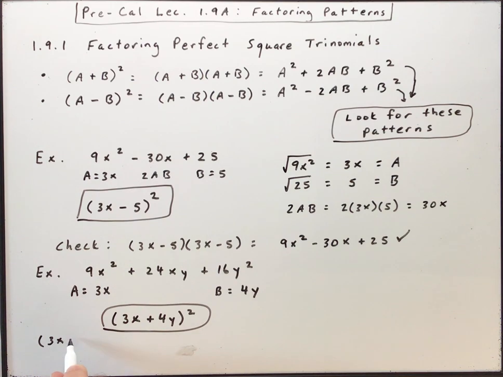You don't have to check it, but on a test, I would certainly suggest that you do. (3x + 4y) times (3x + 4y): 3x times 3x is 9x squared. Then we've got a 12xy, another 12xy, so plus 24xy. And the last term, 4y times 4y, would be plus 16y squared. So it does indeed check.